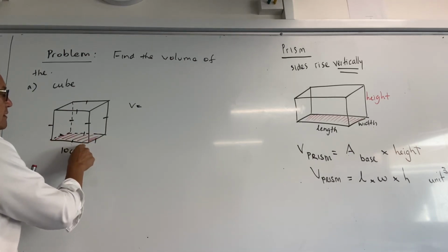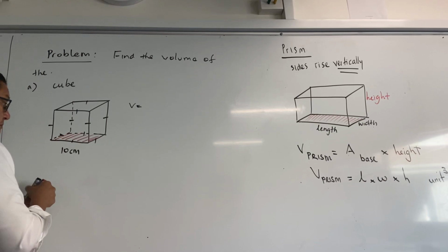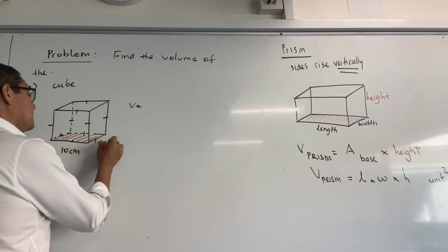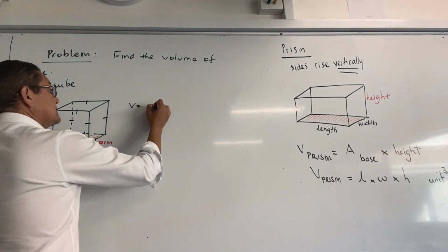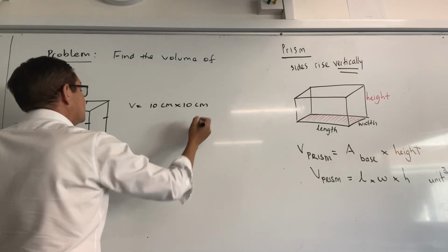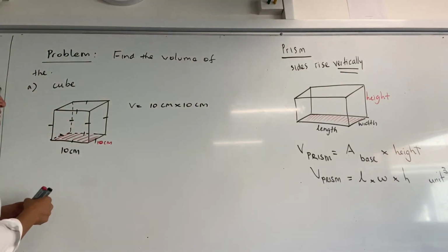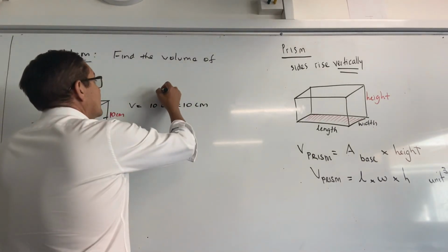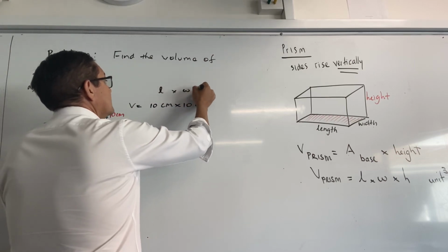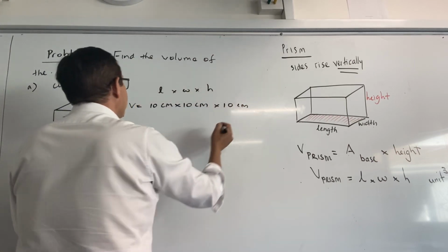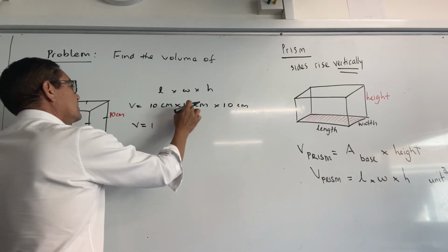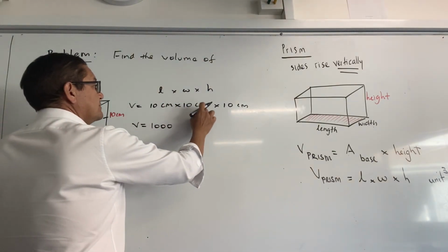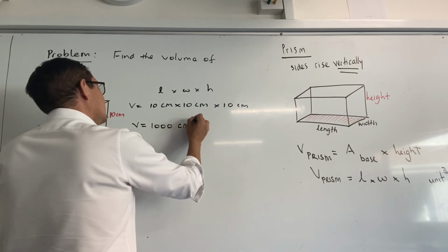That base is a square, 10 by 10. So that's the area of the base, 10 centimeters by 10 centimeters, times the height. Well, the height is 10 centimeters. Length times width times height. So the volume will be easily 10 times 10 times 10. If you do that on your calculator, will give you 1,000. Centimeters times centimeters times centimeters will give you centimeters cubed.